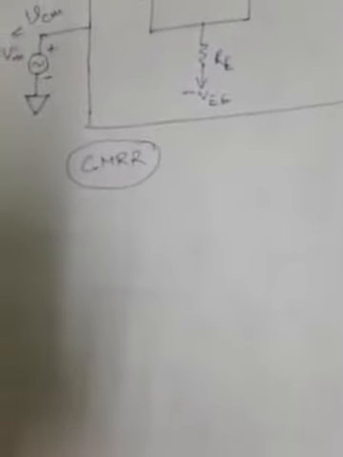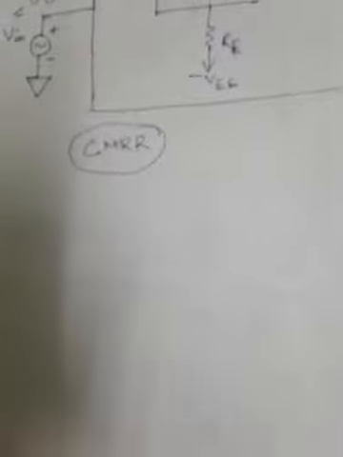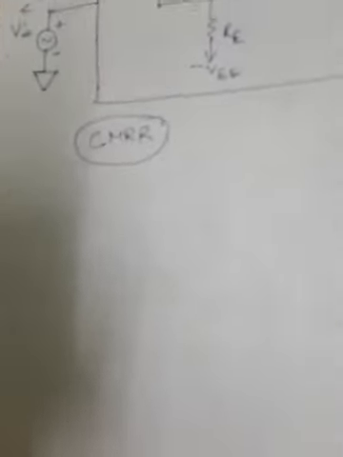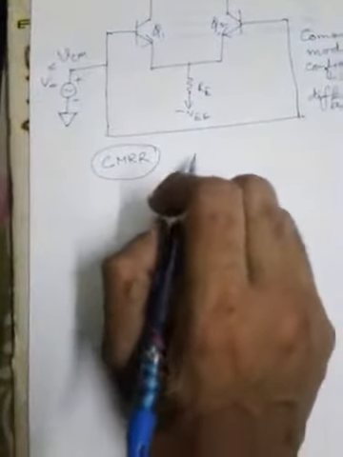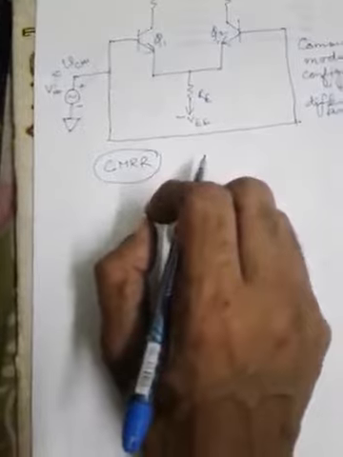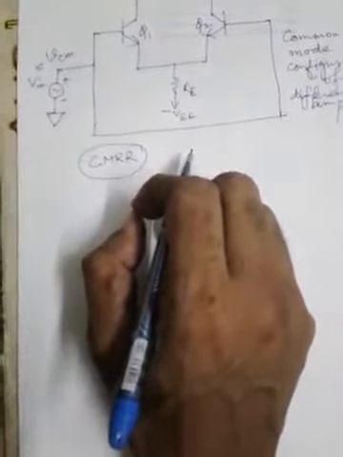It is a ratio with no unit, it is dimensionless. The definition of CMRR is the ratio of differential gain to common mode gain.